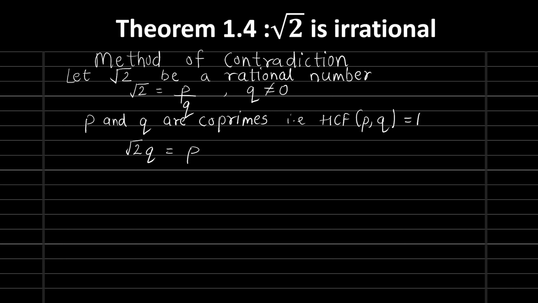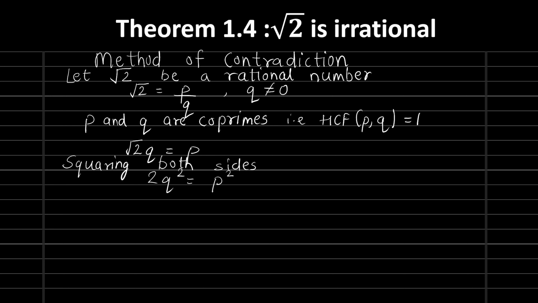Now, in the next step, we will square both the sides. So on squaring both sides, we get root 2q whole square, which is equal to 2q square, and the square of p gives us p square.